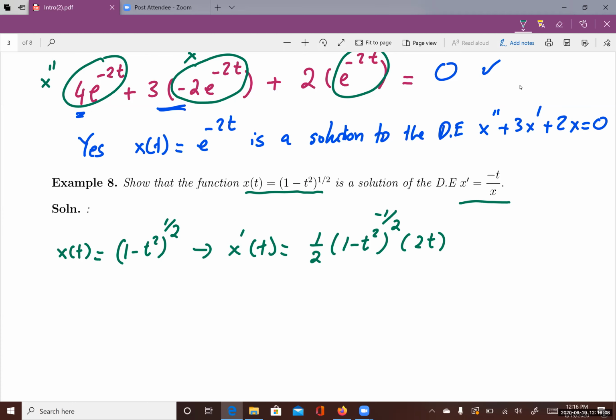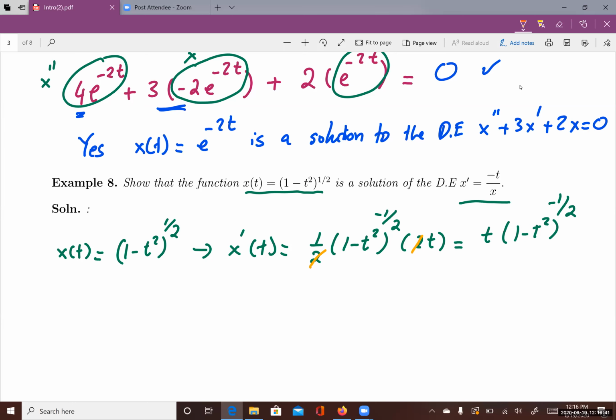I just use the chain rule, right? And then at this point, I can see, can I simplify anything? Yes, 2 and 2 gone. And I would have t times (1 minus t squared) to the negative 1 over 2. Alrighty, so I have x prime equals this function. Now, does x prime equal negative t over x? We'll see.